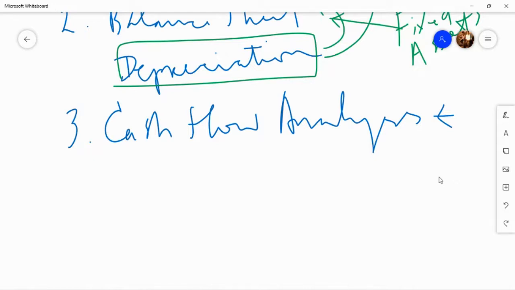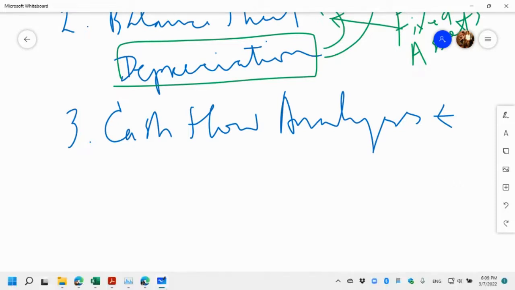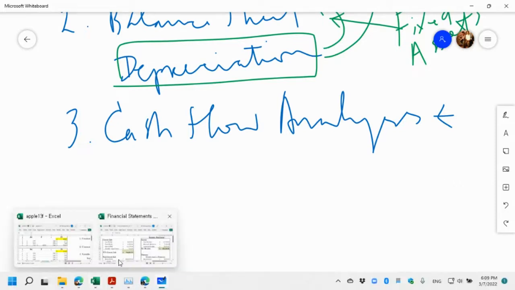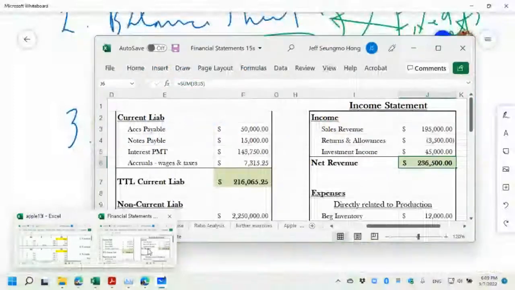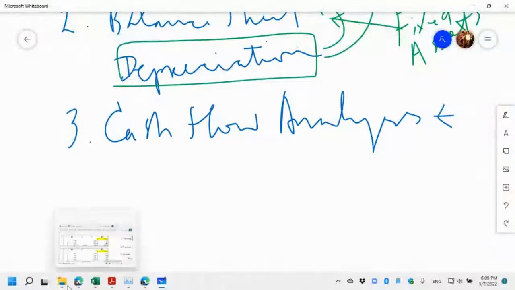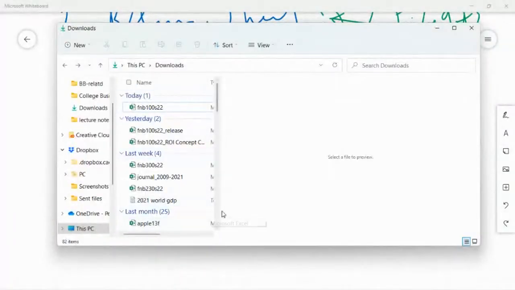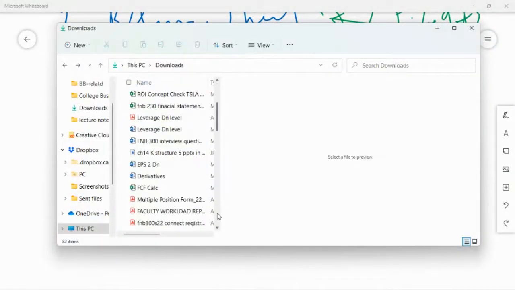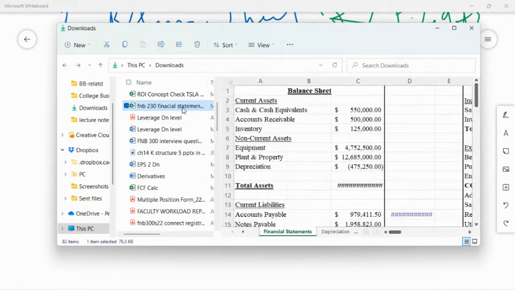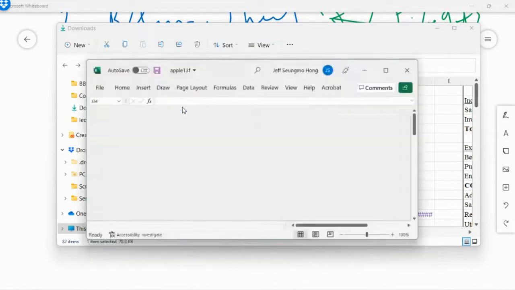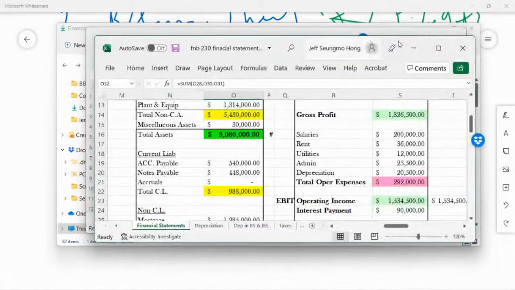That's true, but that's not only that. You might wonder, why is it appearing in the operating expenses section of the income statement? That's an interesting thing. Think about it.